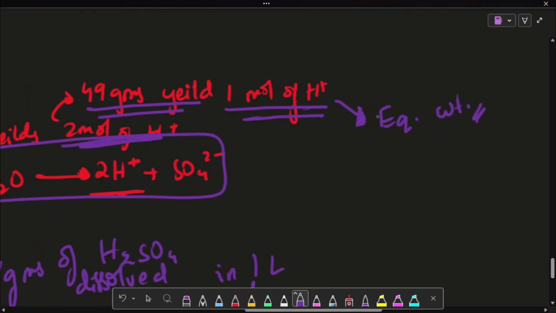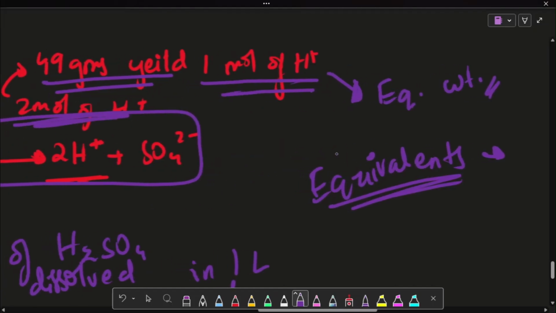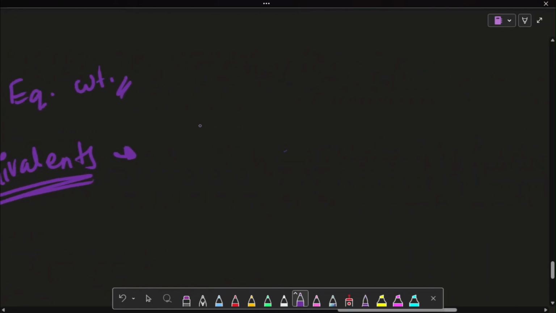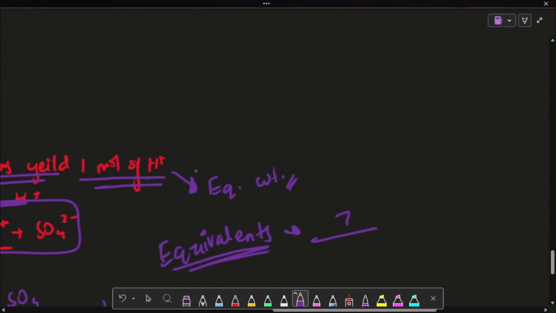Now to find equivalence, that would be 7, the weight of solute, divided by the equivalent weight of the solute, that would be 49 grams.